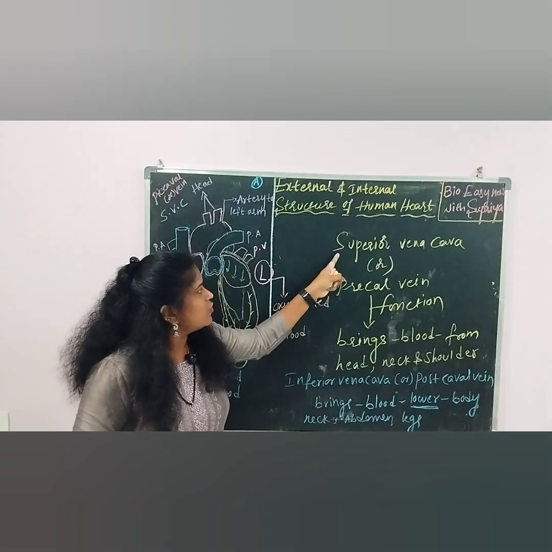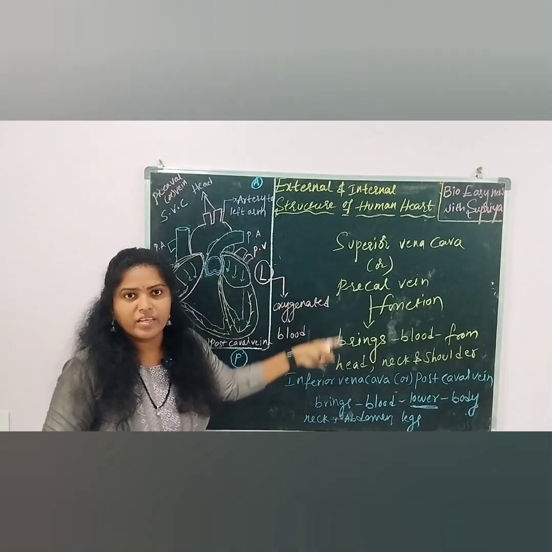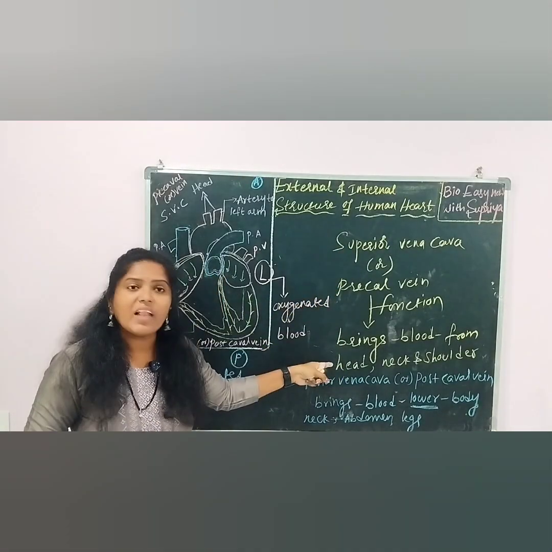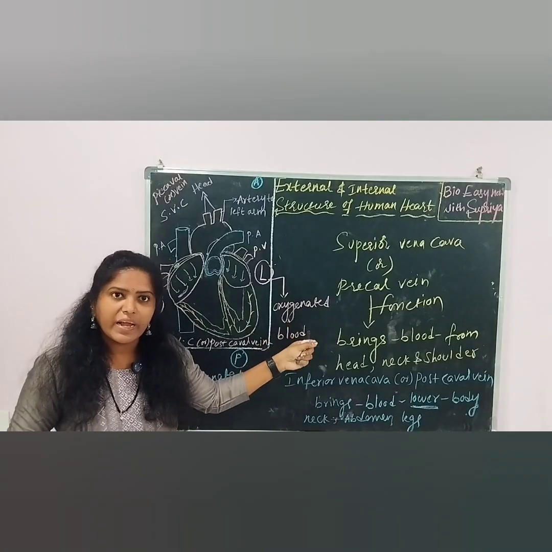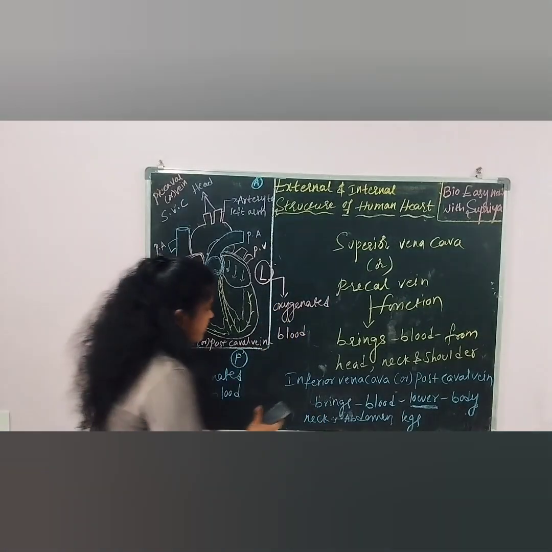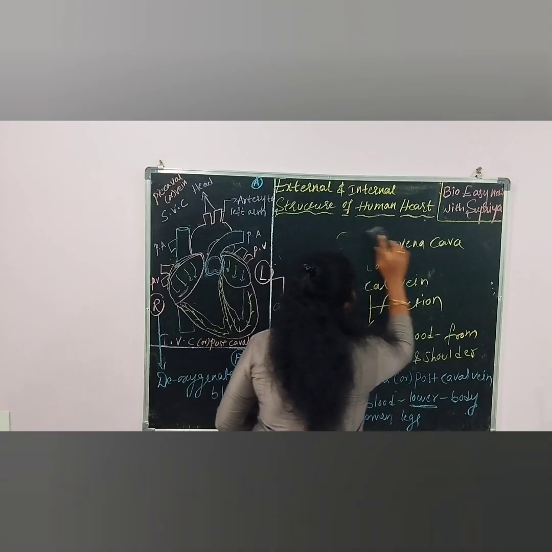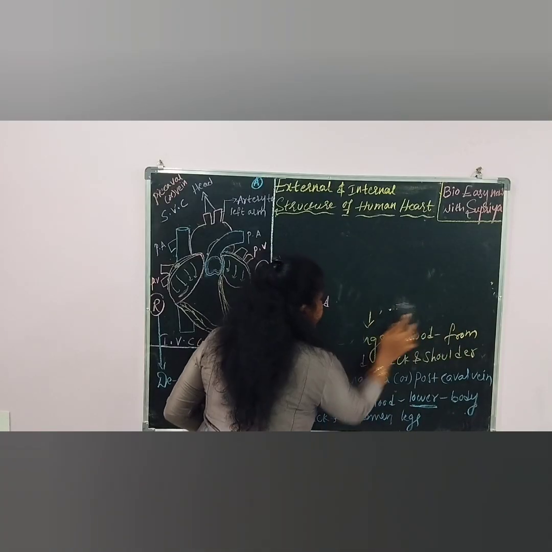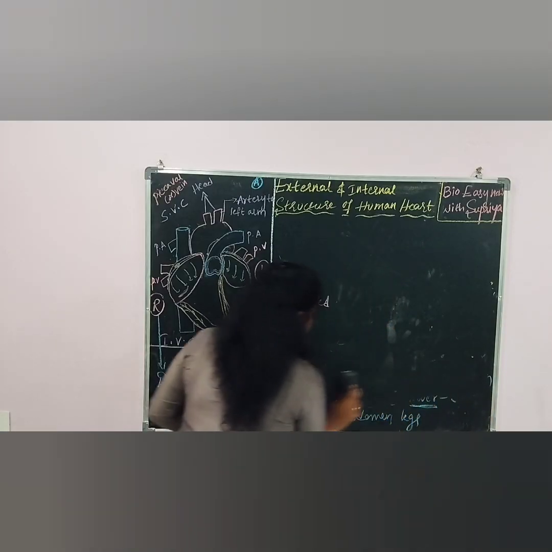These are veins, and veins always collect the blood from the body parts. This is all about the superior vena cava and the inferior vena cava.